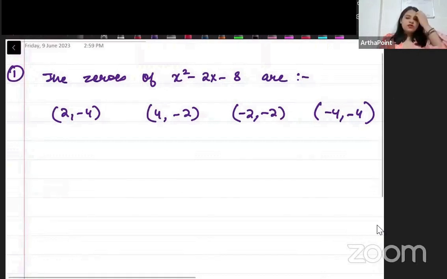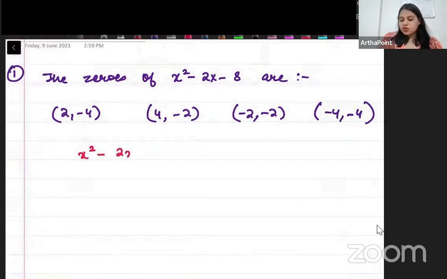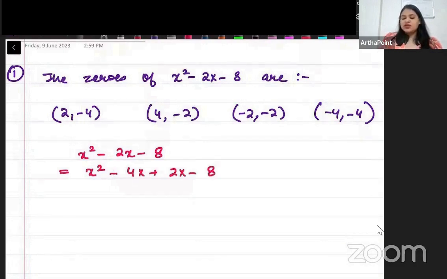So in order to solve this, what will you do? You will say x square minus 2x minus 8 can be rewritten as x square minus 4x plus 2x minus 8. This will be x minus 4 plus 2, x minus 4.